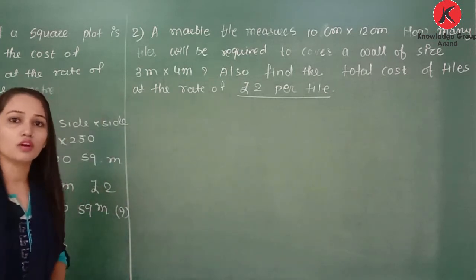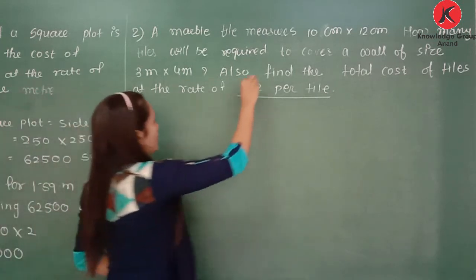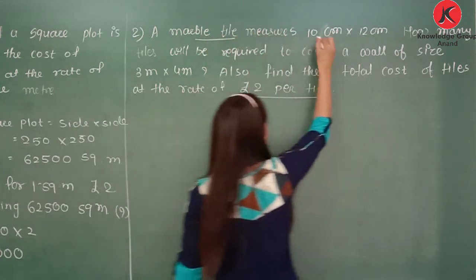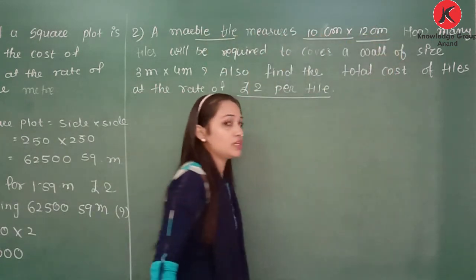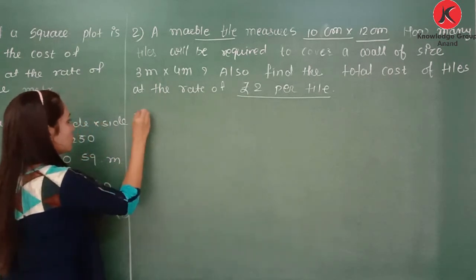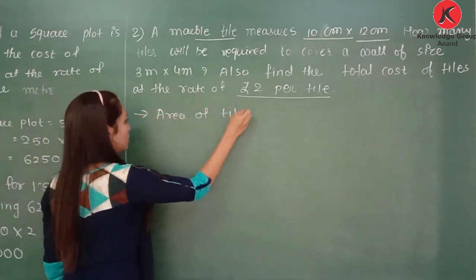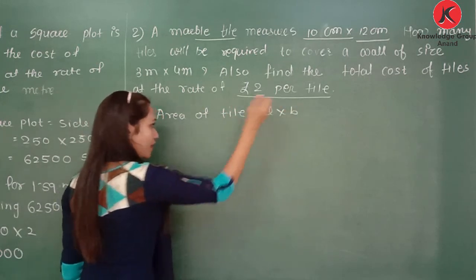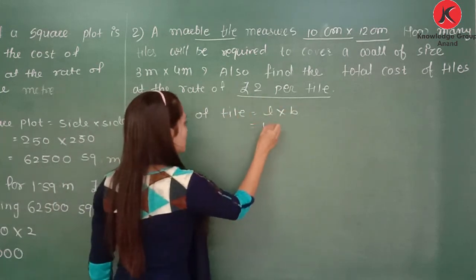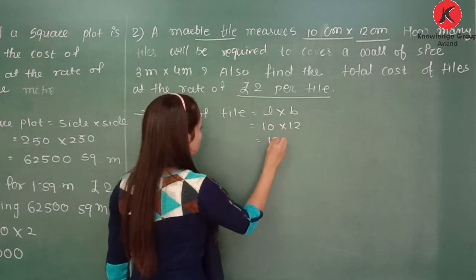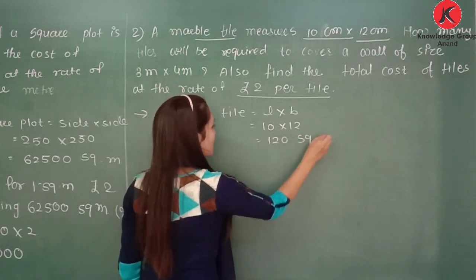We need to find the number of tiles. So here the measurements of a tile are given, that is 10 cm and 12 cm. So we can write the area of tile, that is length multiplied breadth. That is 10 multiplied 12, it is 120 square centimeter.